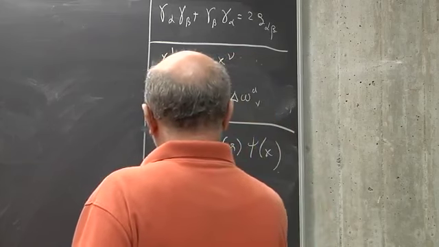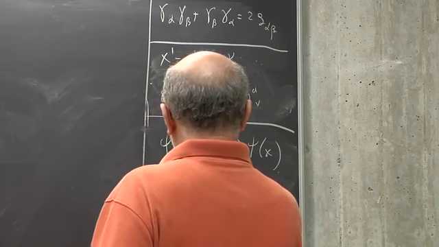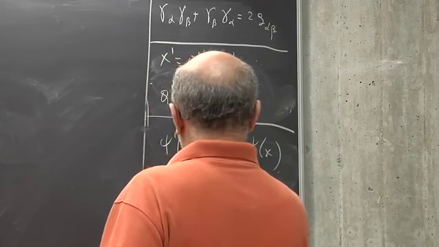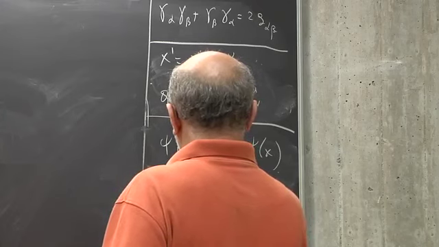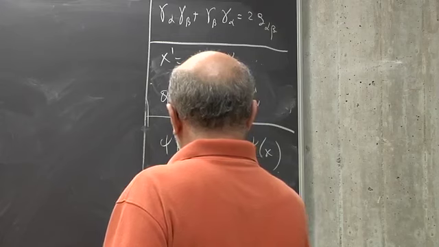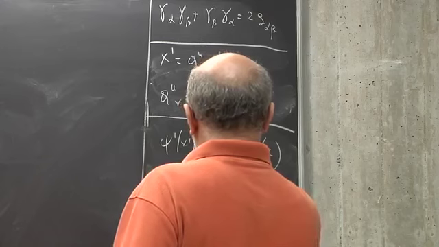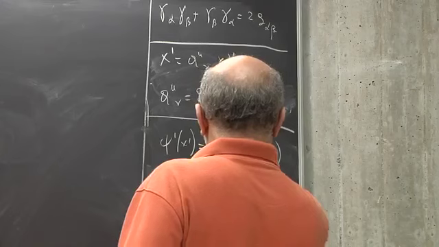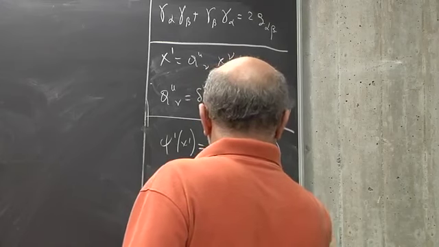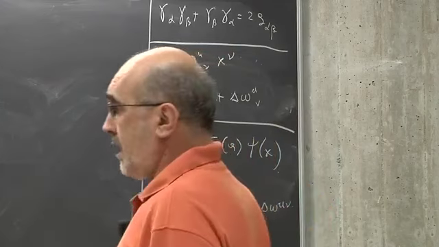And this we have found, that this S of A with A equal to the identity plus delta omega is equal to the identity plus 1 over 8 gamma nu delta omega mu nu. Correct?